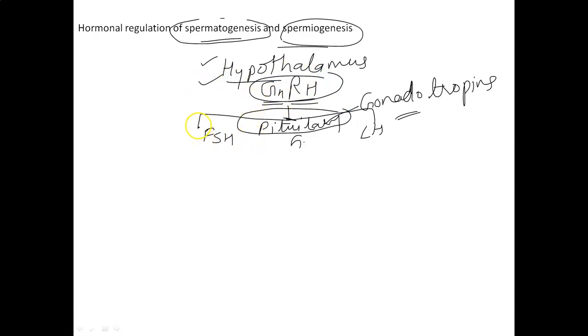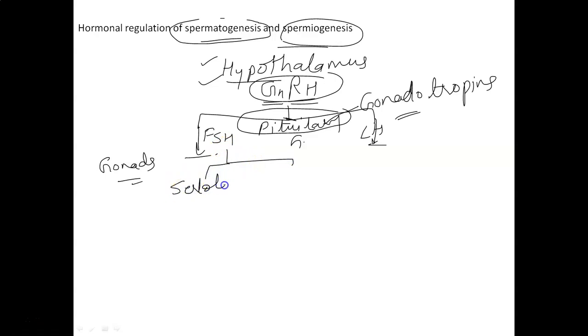Okay. When FSH and LH are secreted, of course they will act on gonads. The gonad in male is testis, right? Now in testis, the seminiferous tubules are there, and between two tubules the interstitial fluid is also there. So the different types of cells which we have studied in the previous slides, the 3 types of cells.